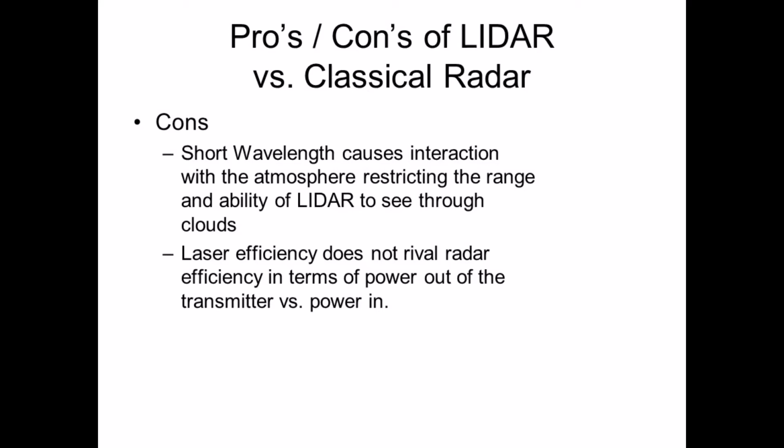For a laser radar system, that could be as low as 10%, 5%, something like that. And more efficient lasers maybe 20% or around a number like that. But radar systems are vastly more efficient, which helps with size, weight, and power constraints on aircraft and spacecraft. And that's why radar has been, from an aircraft standpoint, the system of choice for sensing what's around a flying airplane or a flying spaceship, for that matter.